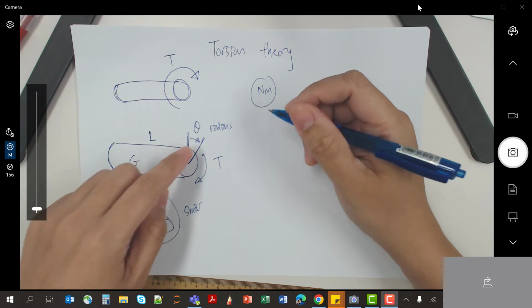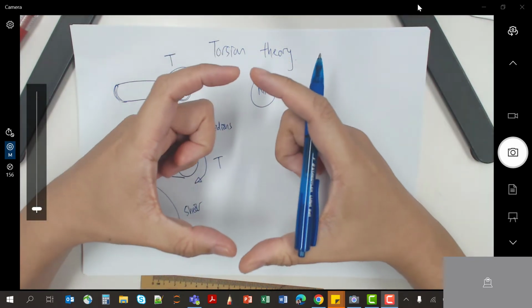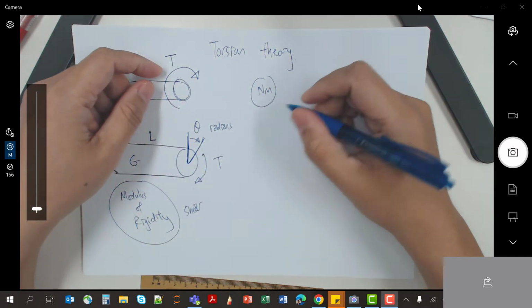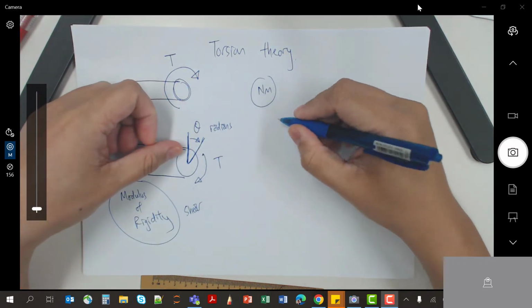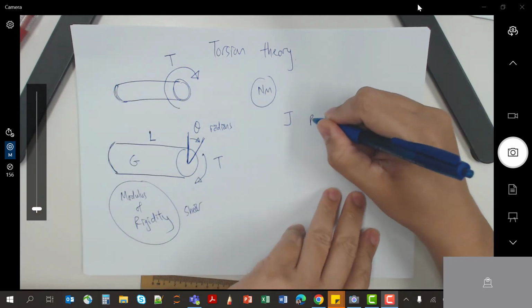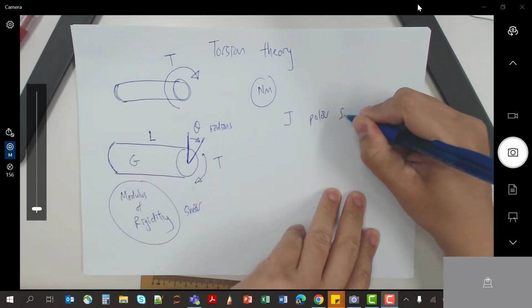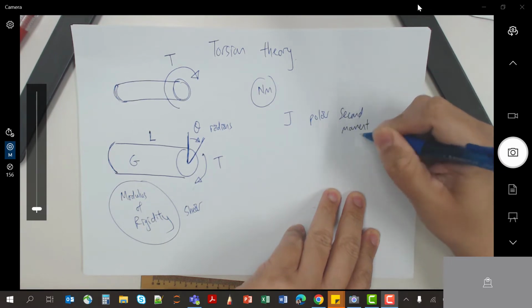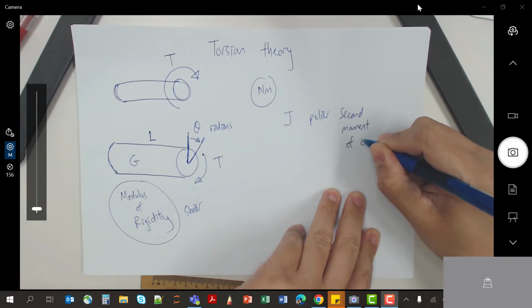Depending on the shape of the rod, it can be a thick shaft or a thin shaft, so it is going to have a J. We call it the polar second moment of area. You have learned about second moment of area in your previous topic.